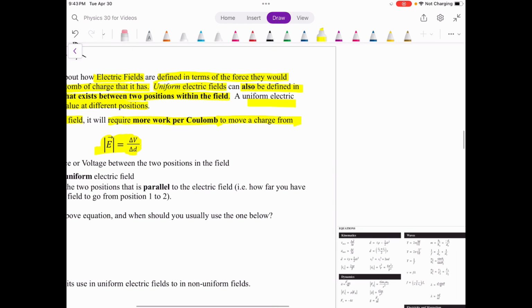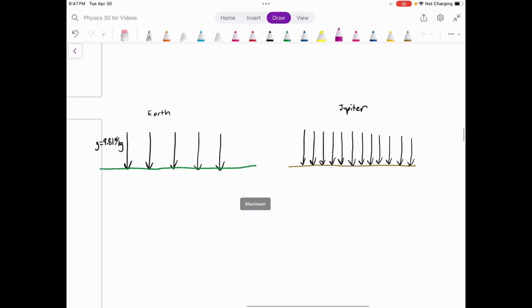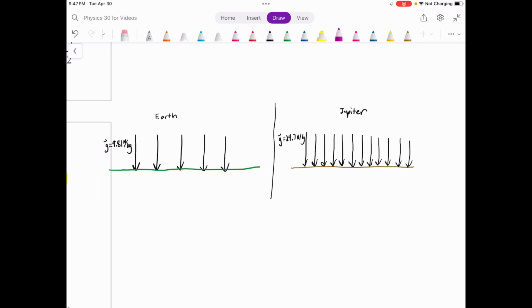Let's just think about this a little bit, what we're saying here. So again, going back to the gravitational field to think about this idea before we apply it to the electric field, okay? What we're saying here is essentially, imagine two different gravitational fields. You've got Earth, you've got Jupiter. Earth has a lot less mass, and so the gravitational field it generates is a lot weaker. Jupiter has a much larger mass, so it has a much stronger gravitational field at its surface, okay?